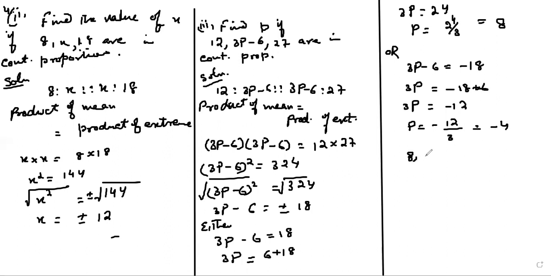So we have 8 and minus 4 as the value of p. We have two values. So I'll do one more question for this exercise and then we'll leave.